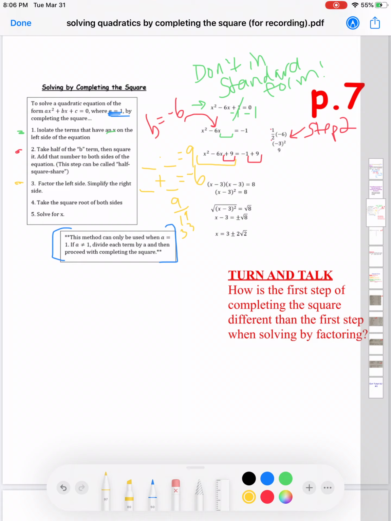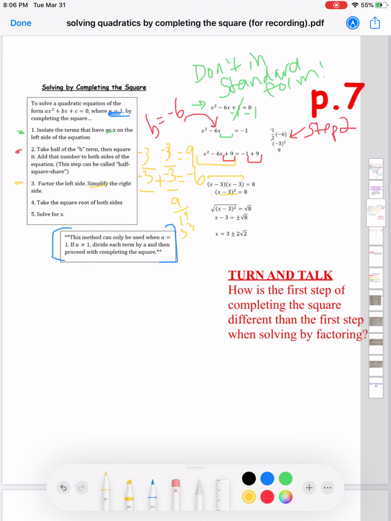But if I want to add to -6, I'm going to have to focus on those 3's, but I'm going to make them both negative, because -3 times -3 is 9, and -3 plus -3 is -6. So you'll notice that I factor to x minus 3 times x minus 3. What you're going to notice about completing the square is you're always going to get the same binomial twice. So what I want you to do, instead of writing it out twice, is just write it once and square it. So that's factoring the left side.